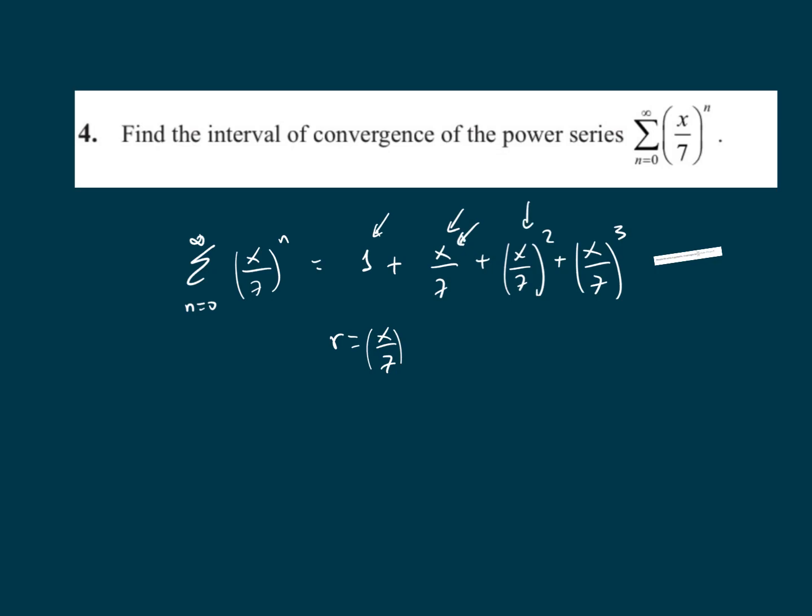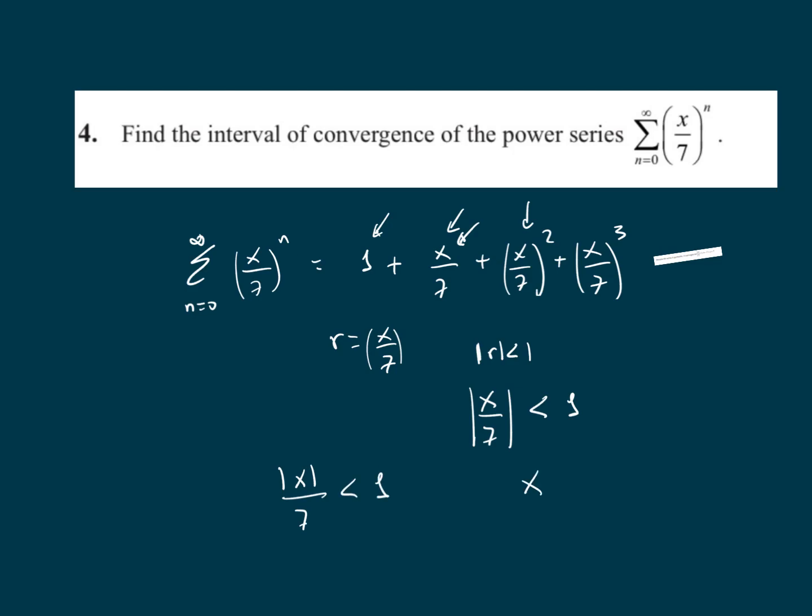So this is a geometric series, and a geometric series converges when the absolute value of r is less than 1. So it converges when the absolute value of x divided by 7 is strictly smaller than 1.